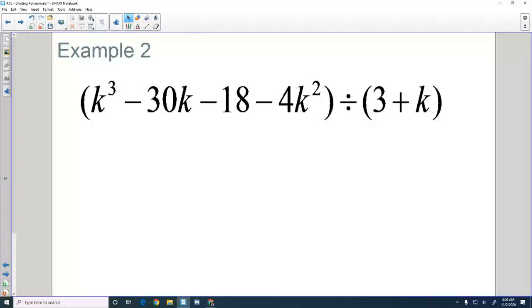Now, one very important thing to start this off, you may notice both of these are not written in standard form. So make sure when you write that little division, long division bar setup, you put both of these in standard form first.